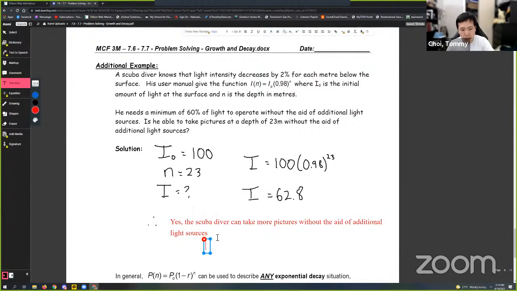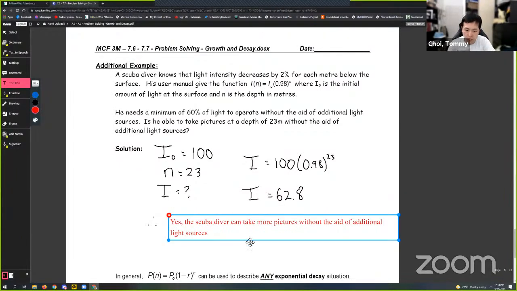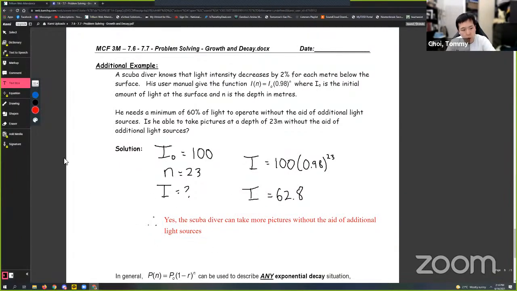The answer is yes, because he needs at least 60% or more, and he has 62.8% or higher at 23 meters. So at 23 meters, he has 62.8% of light. So yes, he can take more pictures. That's the answer to the question.